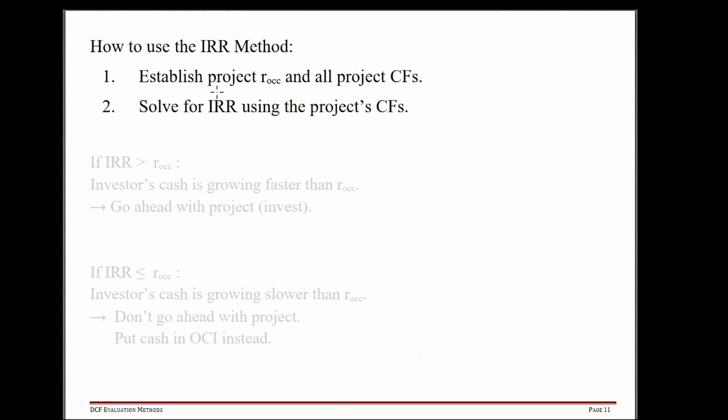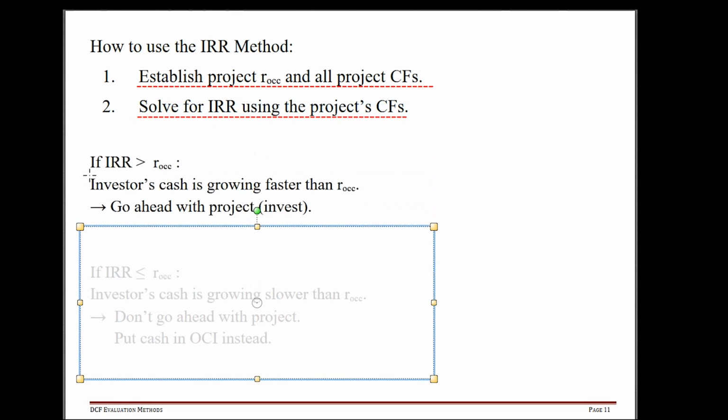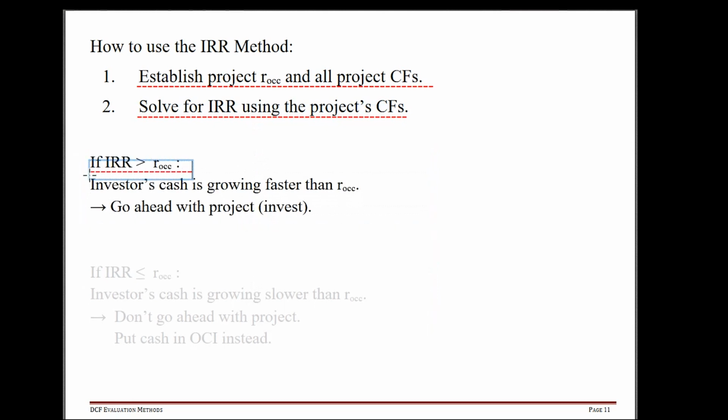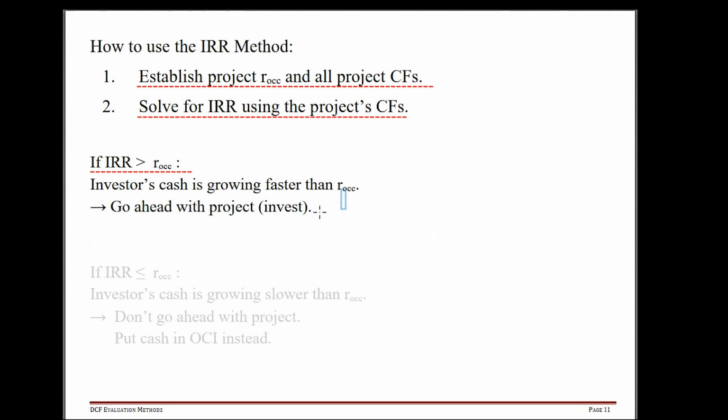So how are we going to use this method? Well, as always, same with all DCF methods, we want to establish our opportunity cost of capital and all our cash flows, and then we'll solve for the IRR using these cash flows. And now we're going to compare the internal rate of return to our opportunity cost of capital. If the internal rate of return is greater than our opportunity cost of capital, what that means is our cash is going to be growing faster than our opportunity cost of capital rate of growth, so we should go ahead.